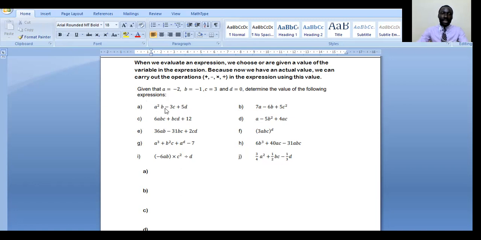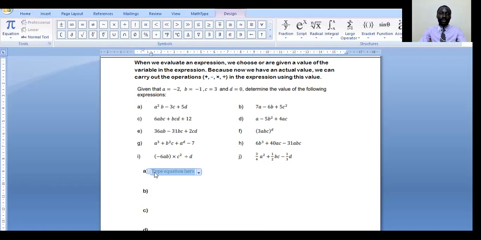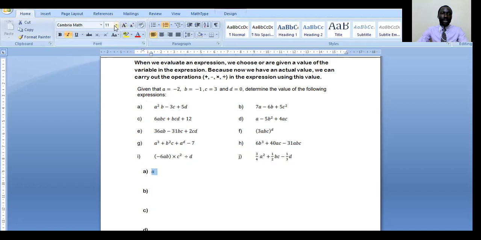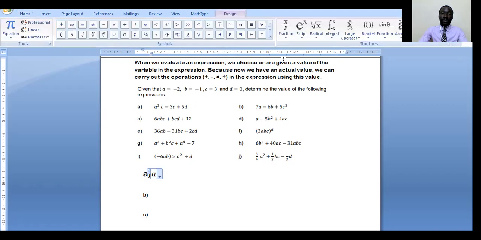The first expression in this case is A squared times B minus 3C plus 5D. I've got to write this first.